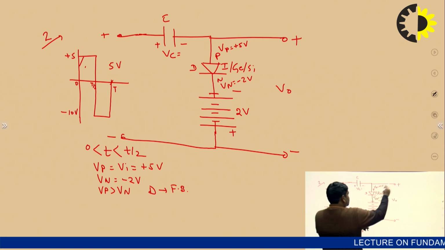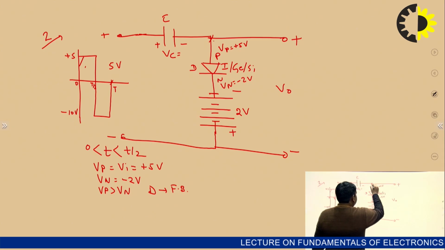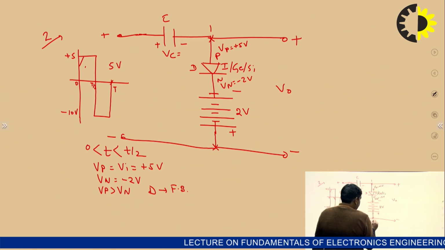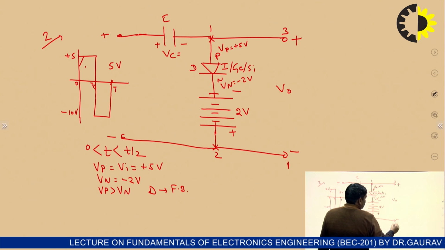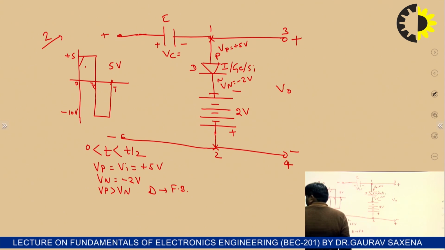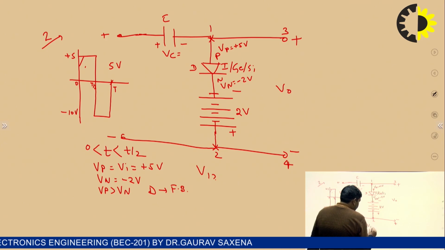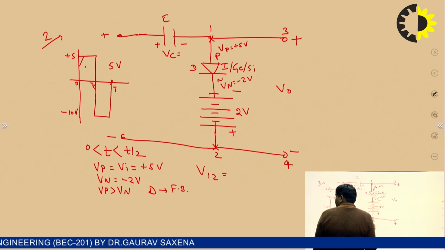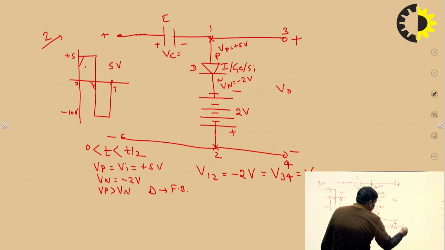The potential at 1, 2 is the same as at 3, 4, because parallel voltages are the same. So V12 is the minus terminal, which is minus 2 volt. So V12 is equal to V34, or we can say this is the output voltage.